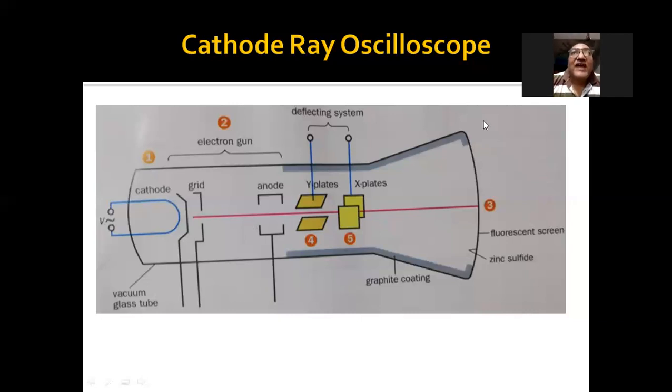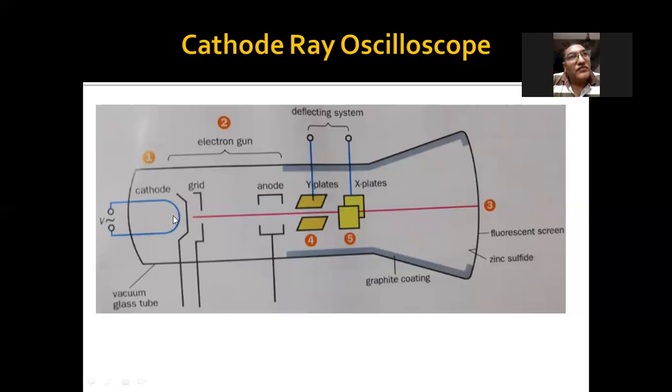So the beam of electrons, which is shown here in pink, will not form. Their path will be hindered, and those electrons will not be able to reach the screen here.